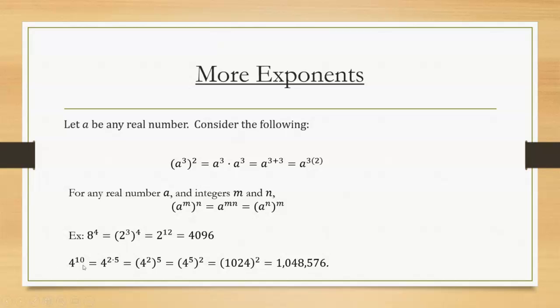Good. 4 to the 10th, right? 10 we know is 2 times 5. So in a sense, I'm going from here to here. This is 4 squared raised to the 5th, which is the same as this. I'm just illustrating the rule here. But you end up getting this. That's all.